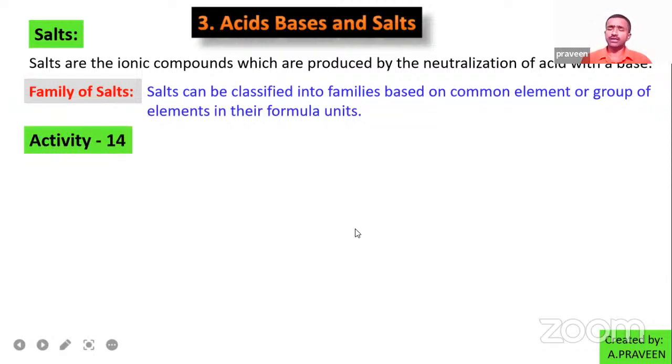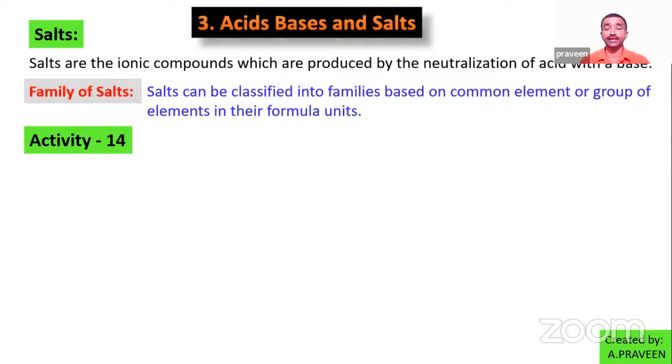Here, I am writing different salts to classify them into different family groups. How are we assigning the name for the family based on one atom or group of atoms?